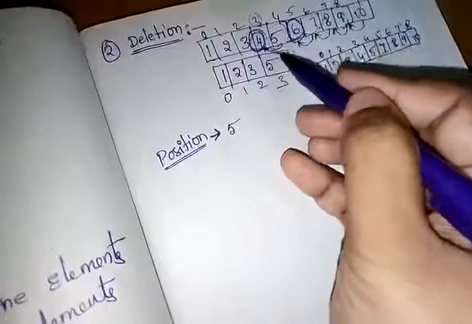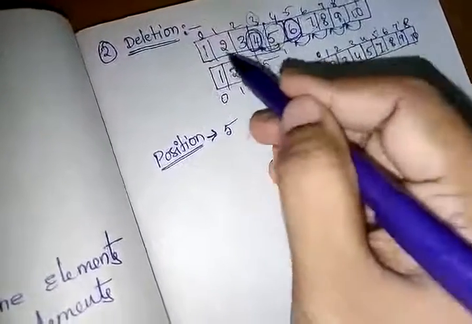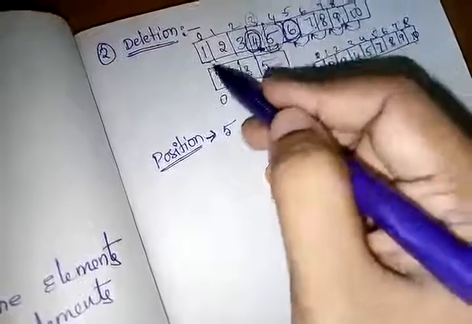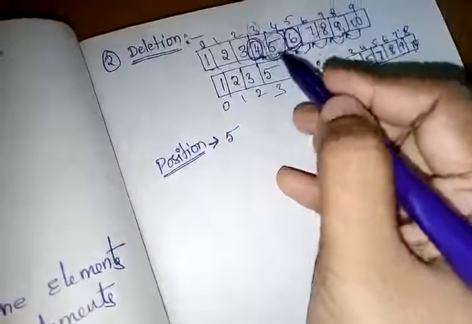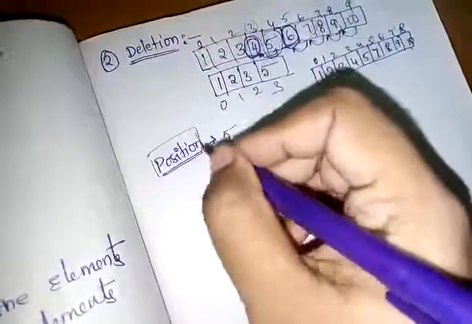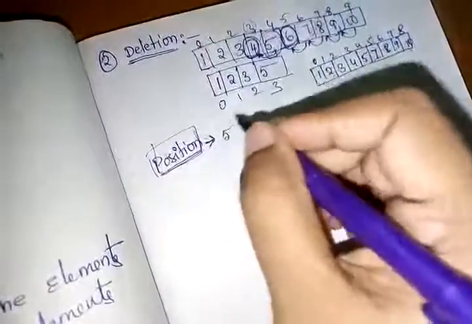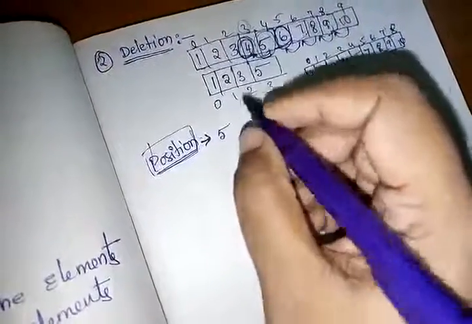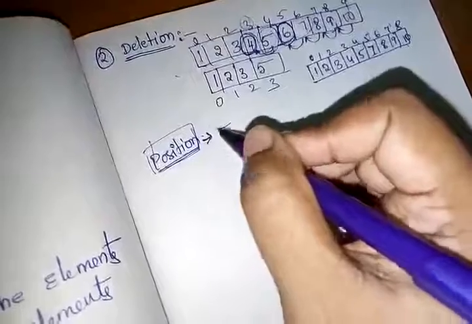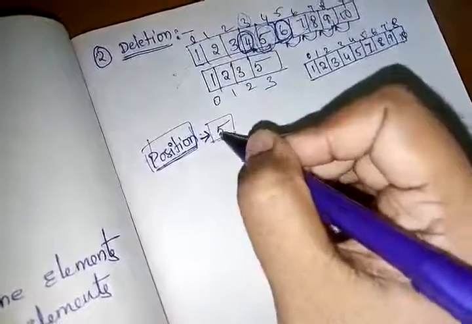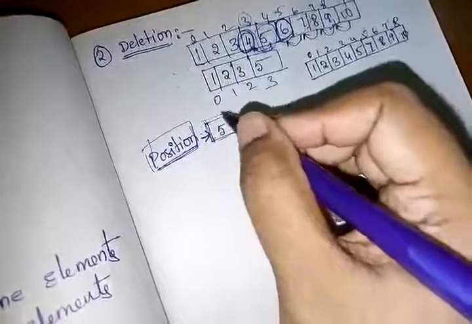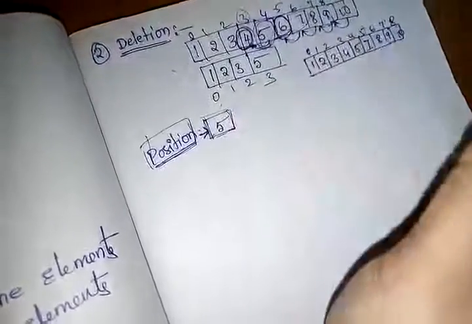So this number 5 has to be deleted, the element at position 5. In order to delete position 5, we need to take the position into a variable from the user, and then the array elements. That position's element I need to delete from the array.